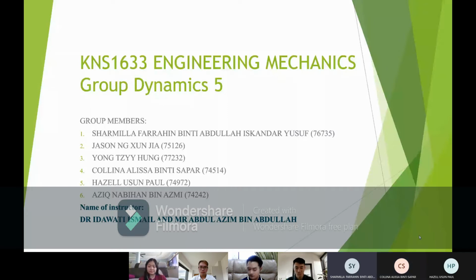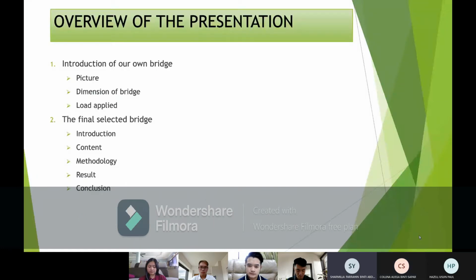We are here today to present our KNS1633 Engineering Mechanics group assignment. Here is our overview of the presentation. Firstly, we will present our own bridge concept with applied image, dimension of bridge, load and load applied.